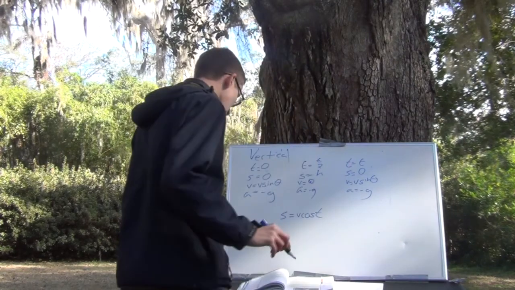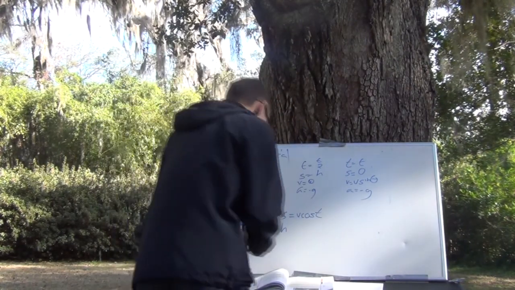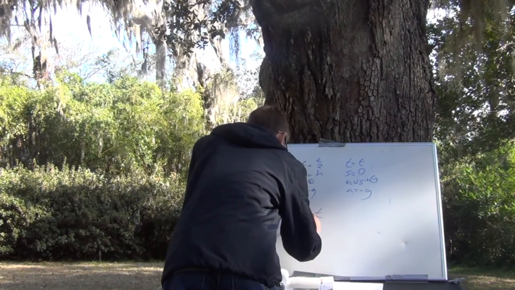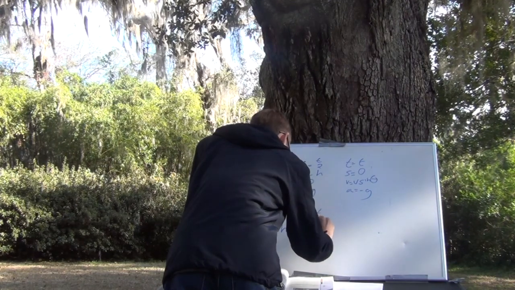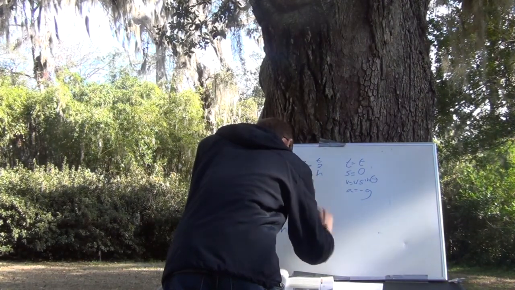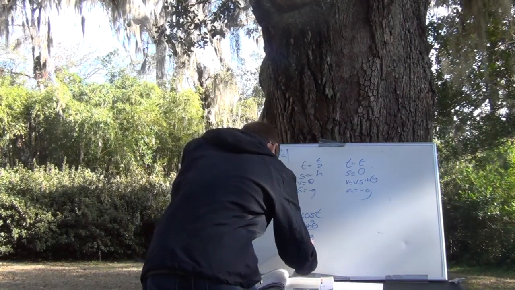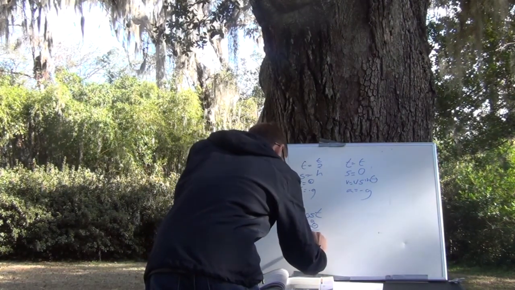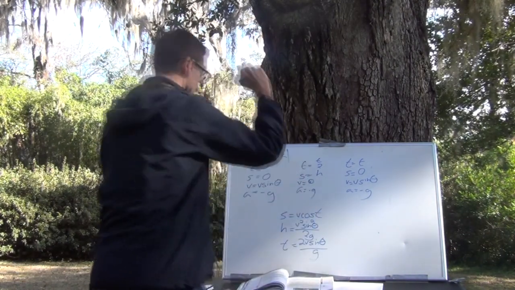The two that we come up with are the height, or the vertical displacement, which will equal the velocity squared multiplied by the sine of theta squared over 2g, and time equals 2v sine theta over g.